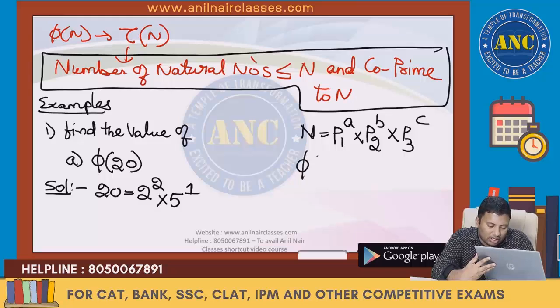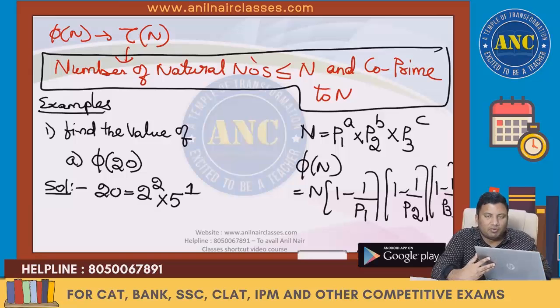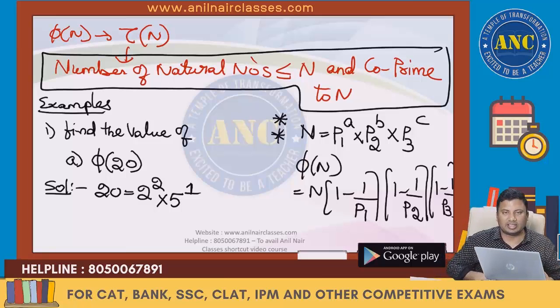So the quotient of n, I will give a proof in the next slide. Please write down n into 1 minus 1 by P1, 1 minus 1 by P2, 1 minus 1 by P3. Please write this down. I will give a proof for this in the next slide.